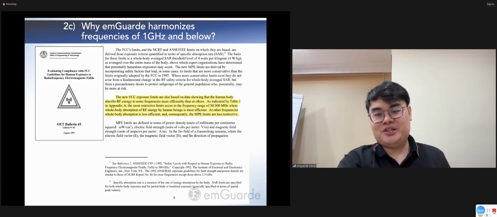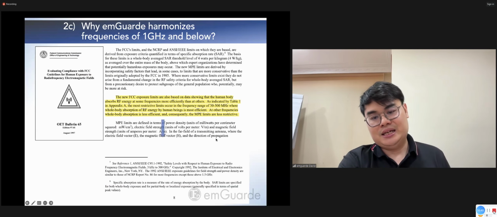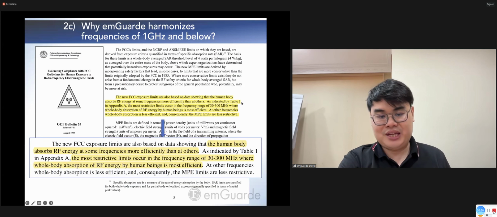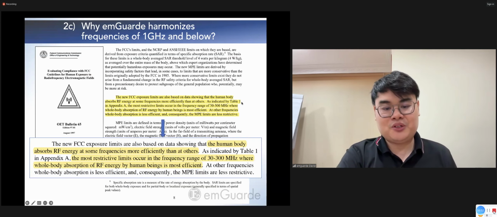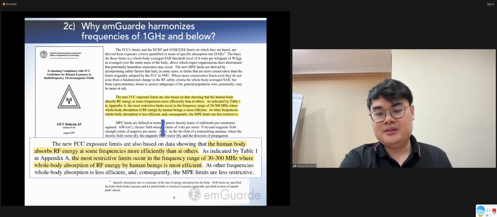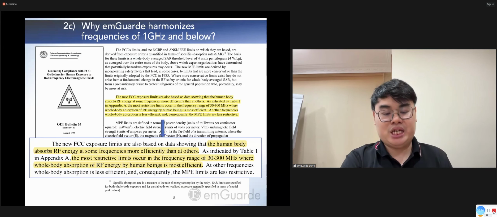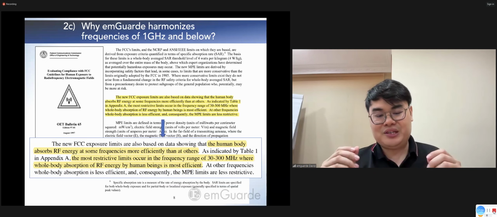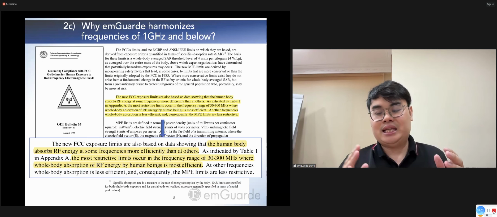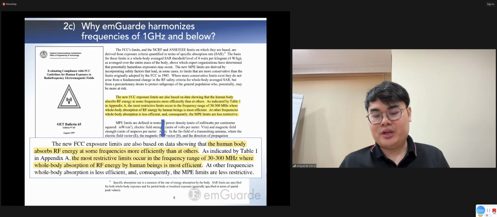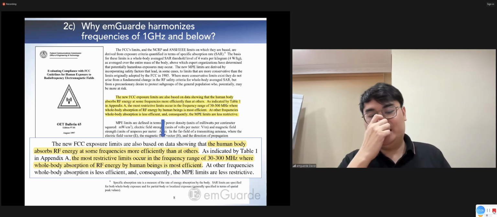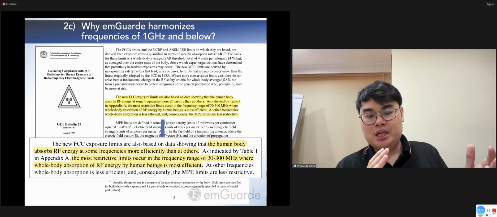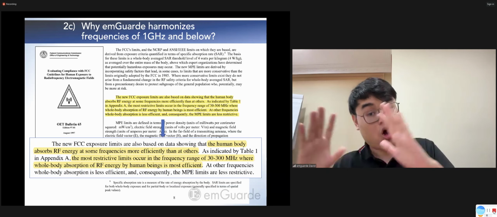So in one of the pages from this bulletin, I just want you to focus on the highlighted paragraph here. It says that the new FCC exposure limits are also based on data showing that the human body absorbs radio frequency energy at some frequencies more efficiently than others. Okay, meaning our human body absorbs the RF energy at some frequencies, not all.